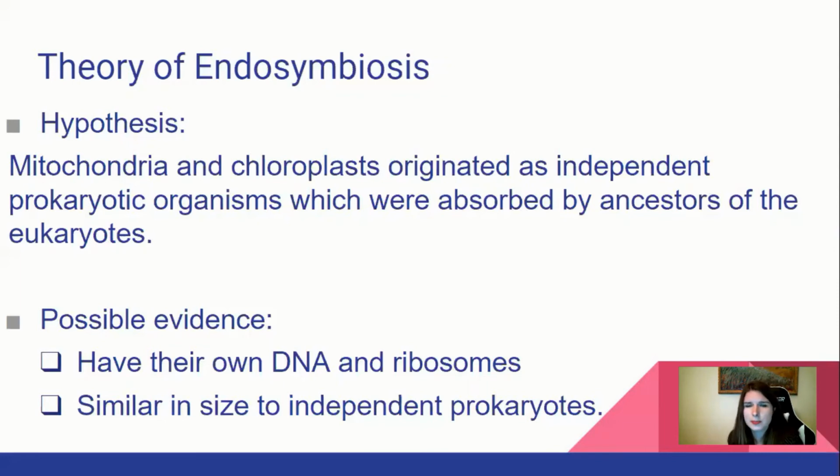why plants have chloroplasts is that maybe way back in distant past time, mitochondria and chloroplasts could have been their own cells, their own little prokaryotic cells that were specialized for energy production, basically, that were really good at making energy, and that they got absorbed by a bigger cell.